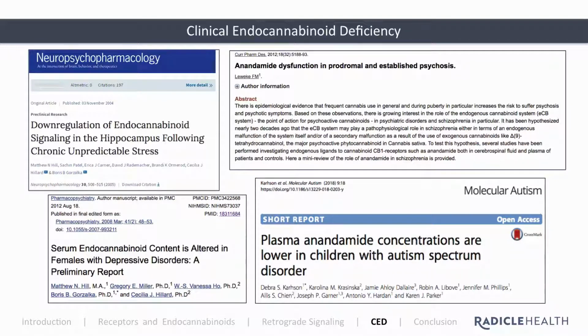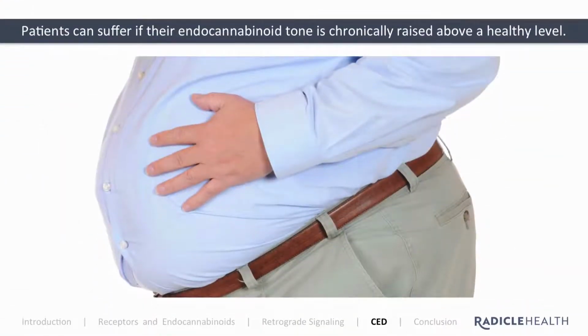If we can supplement deficiencies of endocannabinoid levels, then patients suffering from allodynia, fibromyalgia, migraine, IBS, and other related conditions might achieve relief with cannabis. Patients can also suffer from disease when their endocannabinoid tone is chronically raised above a healthy level. Consider patients who suffer from morbid obesity.